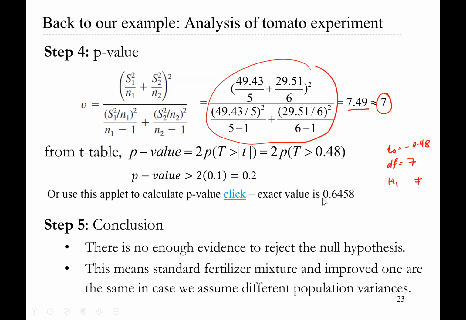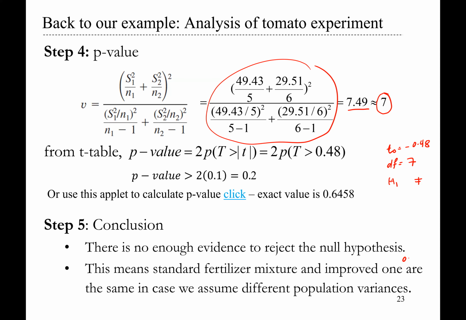So now the p-value is 0.645. Now I take my decision. The p-value is very big compared to the significance level 5%. So there is not enough evidence to reject the null hypothesis. This means a standard fertilizer mixture and the improved one are almost the same at significance level 5%, when we assume different population variances.